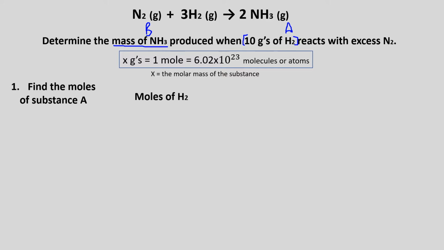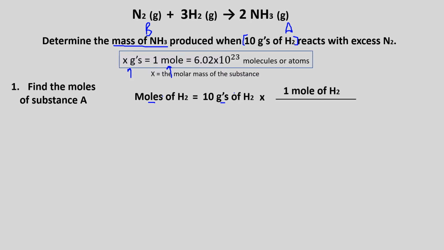So in step 1, we are going to find the moles of substance A. Let's write that down. We're going to find the moles of H2, and we're going to write down that we have our 10 grams of H2. So write down what you're trying to find, set it equal to what you know, X in a line, and now we're going to go to the boxed expression. We're talking about grams, we're talking about moles, meaning we're talking about X grams, and we're talking about 1 mole of H2.